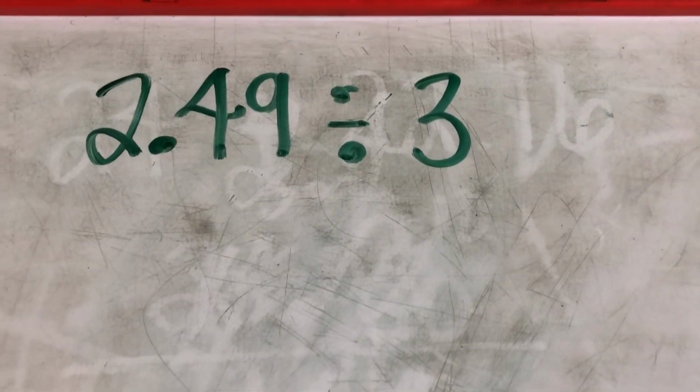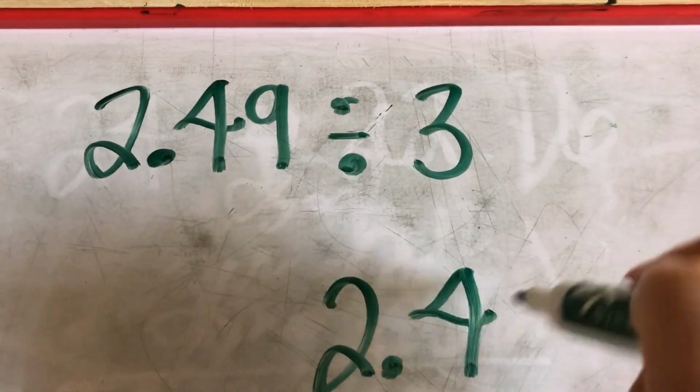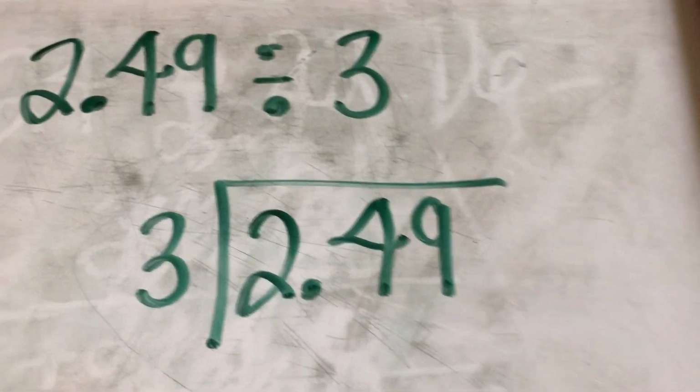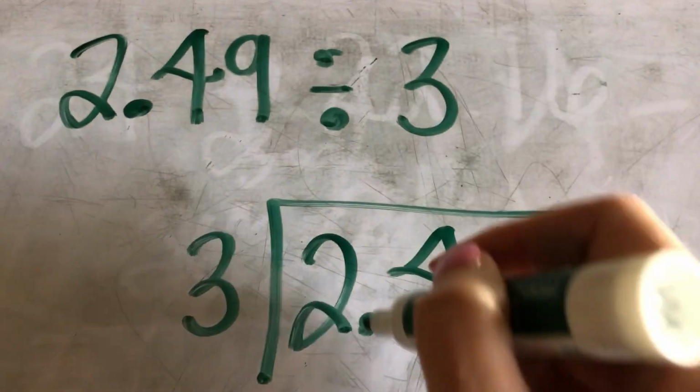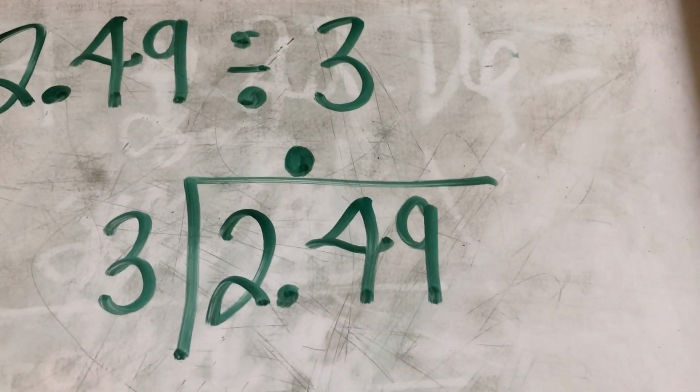Remember, your first number always sets up inside of our house. So 2.49 divided by 3. Now, I've got a whole number on the outside here. So really, all I have to do is bring my decimal up. That's all it does, it just floats up.